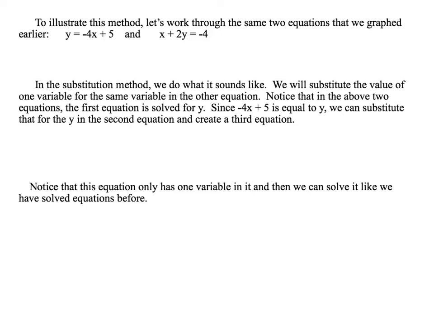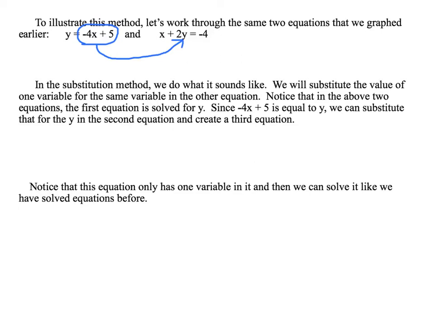Notice that the first equation is solved for y. I have y is the same thing as negative 4x plus 5. Since negative 4x plus 5 is equal to y, we can substitute that negative 4x plus 5 in for the y in that second equation, and we will create a third equation.